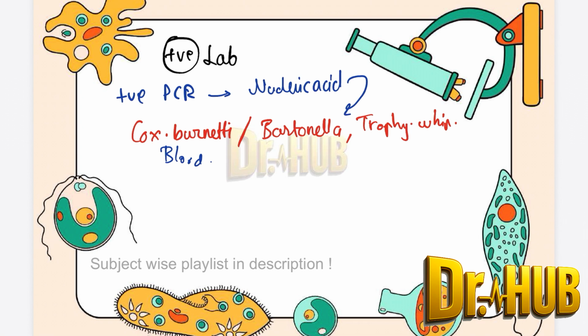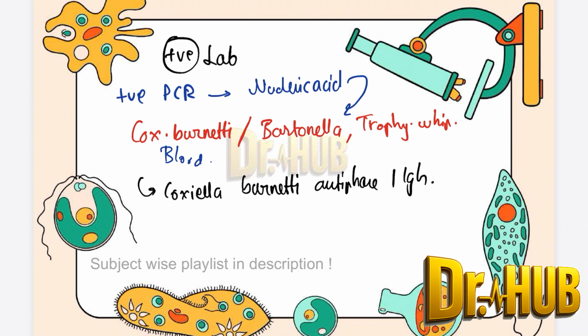Next is the Coxiella burnetii antiphase I IgG antibody titer greater than 1 in 800, or isolation from a single blood culture.